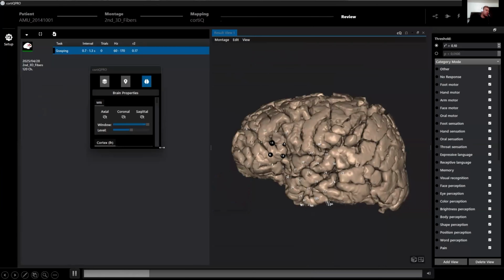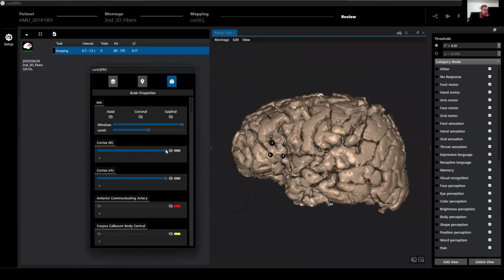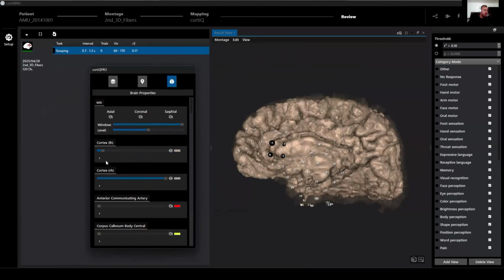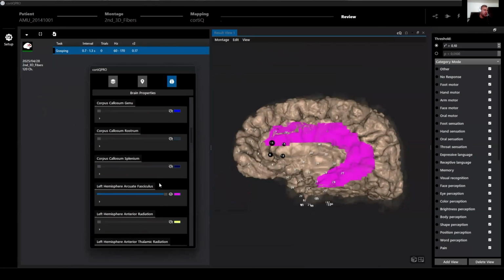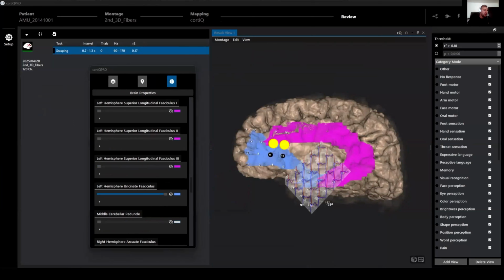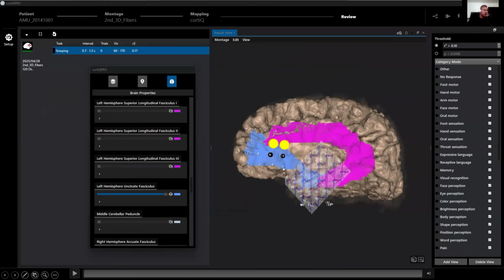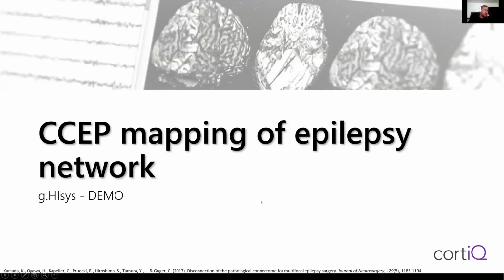When we look at, for example, a mapping result from the high gamma mapping from a language case where we have done a picture naming mapping, we can superimpose that with the arcuate fasciculus and the uncinate fasciculus, and then stimulate into the active region and measure the evoked responses along the temporal cortex to see how they are connected.